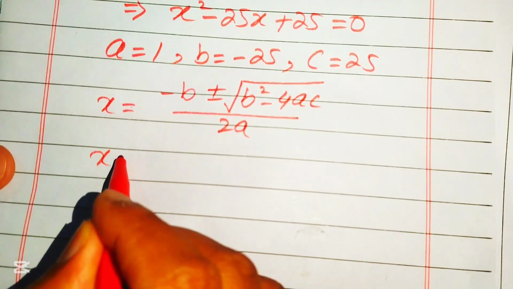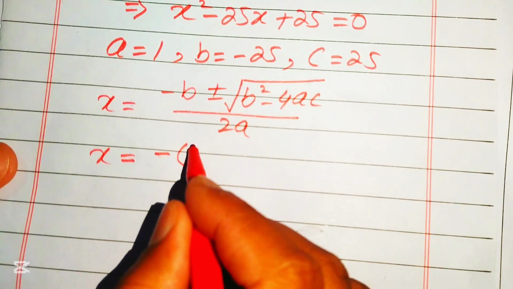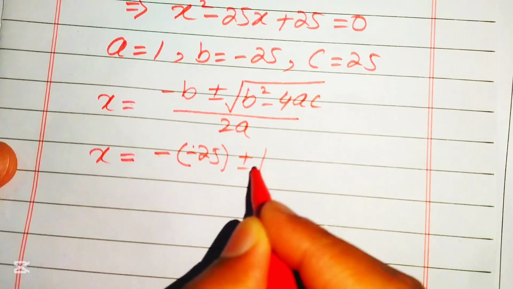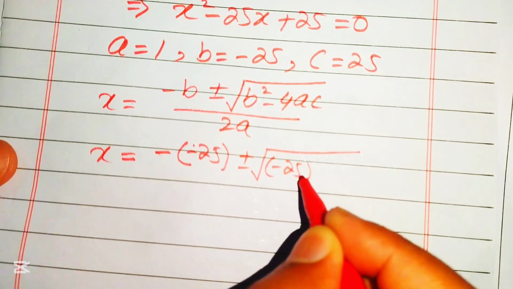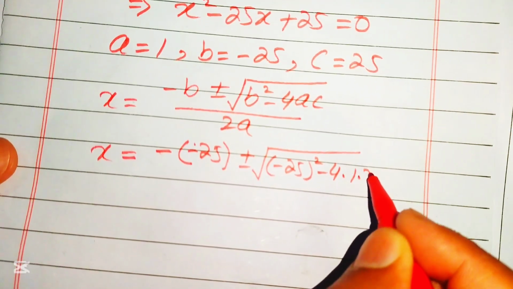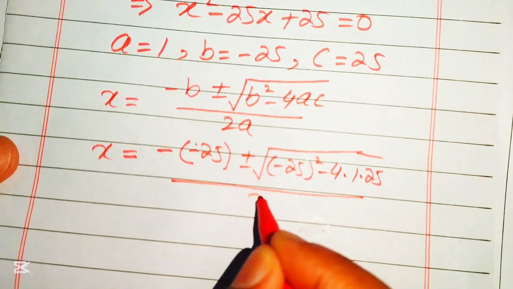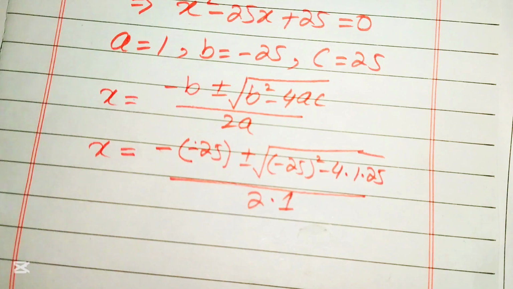It will be written as x equals minus b, the value of b is minus 25, and plus minus square root of b squared, b is minus 25 squared, minus 4 times a is 1 and c is 25, and it is divided by 2 times a. Here our a is also equal to 1.